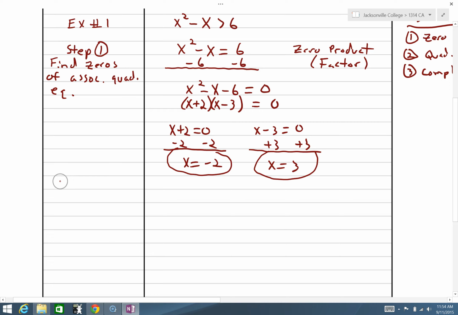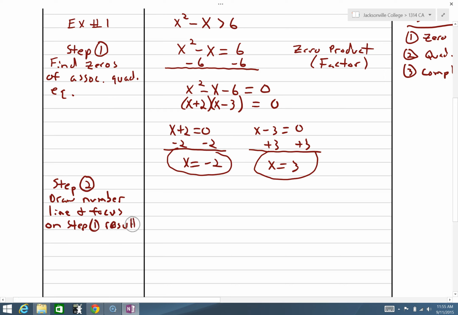Step 2. Draw a number line and focus on step 1 results.